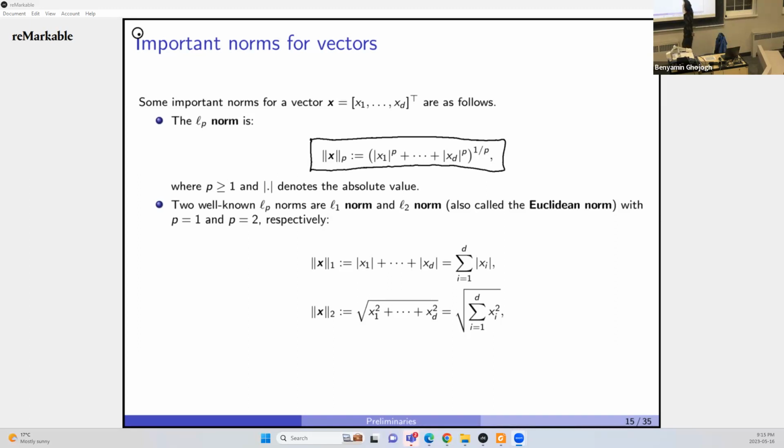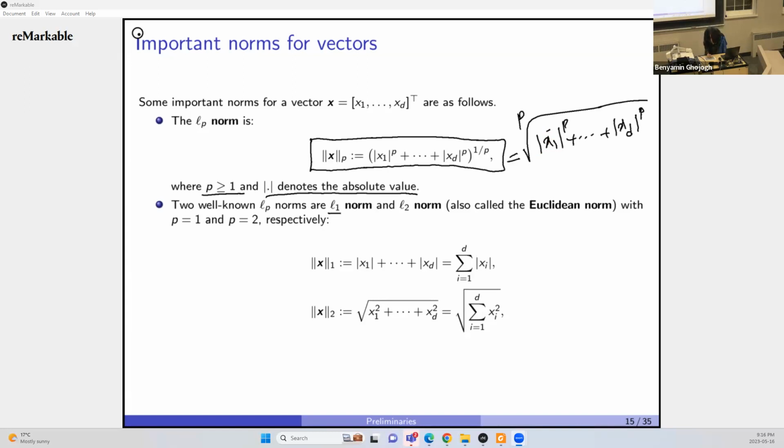You take the absolute value of the elements x1 to xn, to the power of p, you sum them, and then the whole thing to the power of 1 over p. We can see it as the pth root. Where p is greater than or equal to 1, and this denotes the absolute value.